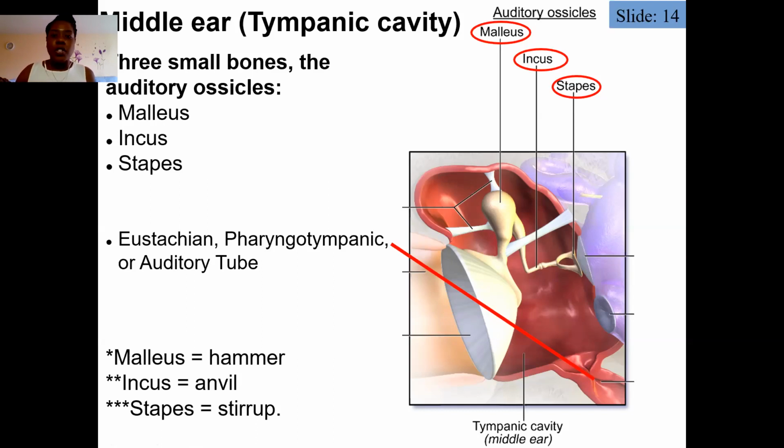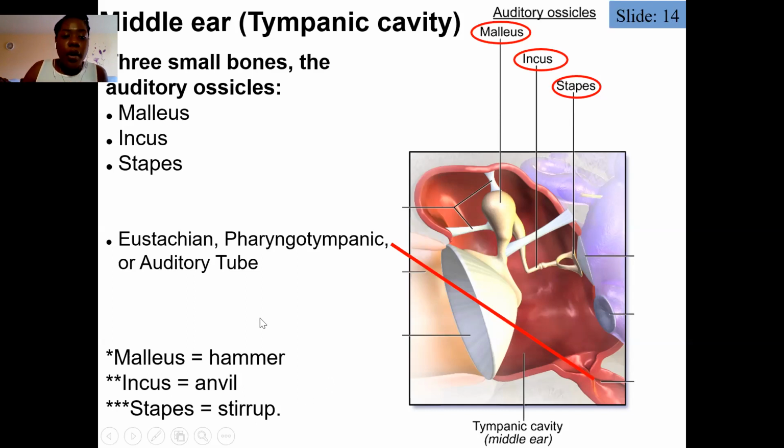So the malleus, which is the first auditory ossicle, is connected to the incus, which is the second ear ossicle, which is connected to the stapes, the third ear ossicle. And so they pass the vibration along from the tympanic cavity, which is coming from the external ear, to the round window, which is the connection to the inner ear, okay?